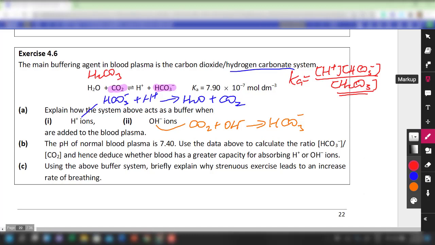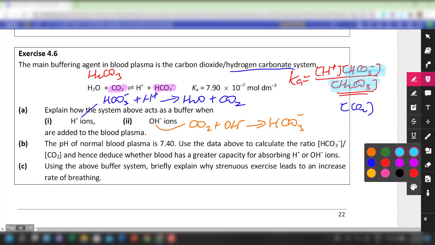The focus in our explanation will be highlighting that the ratio of bicarbonate to carbonic acid, or you can say CO2 if you wish, remains relatively constant, because the system has a large reservoir of these two species.